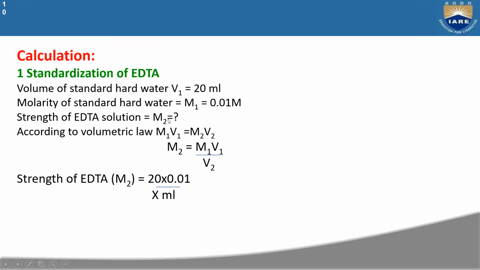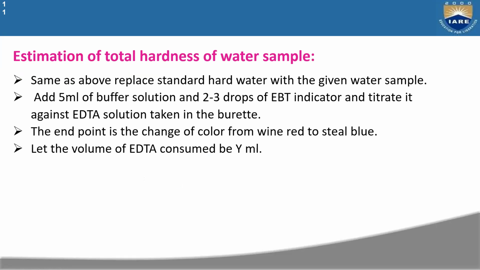According to the volumetric law, M1V1 is equal to M2V2, so M2 is equal to M1V1 by V2. So the strength of EDTA, M2, is equal to 20 into 0.01 by x ml. Okay, and the next one is the estimation of total hardness of the water sample.